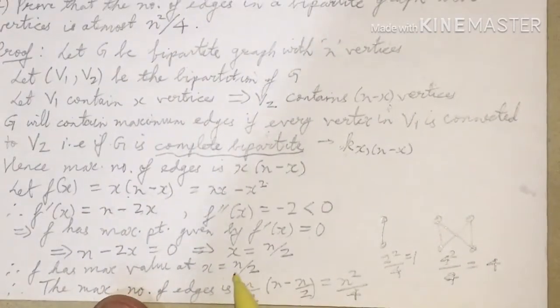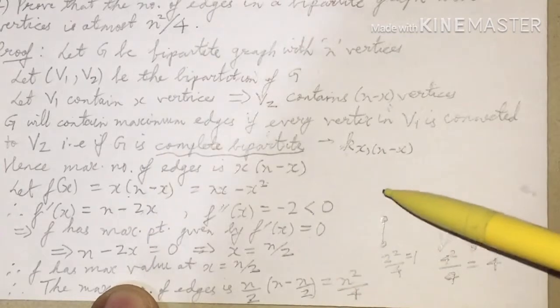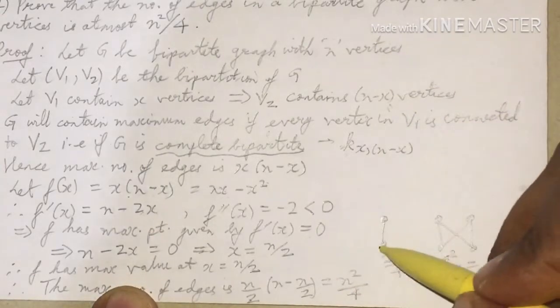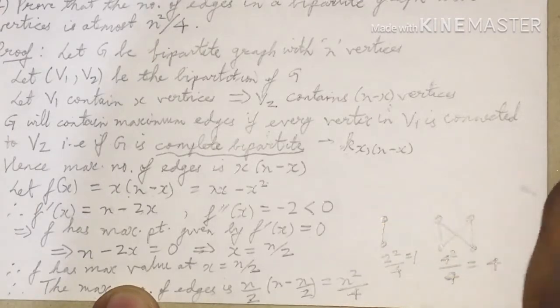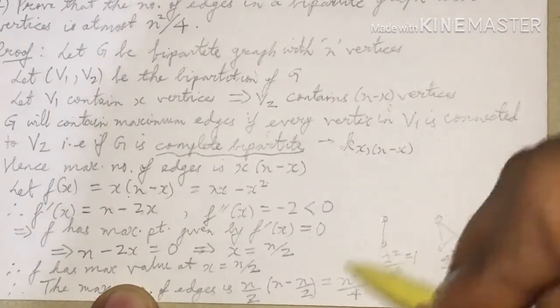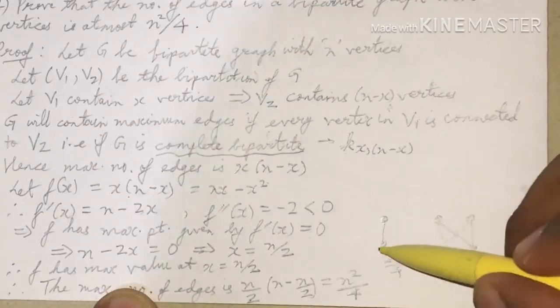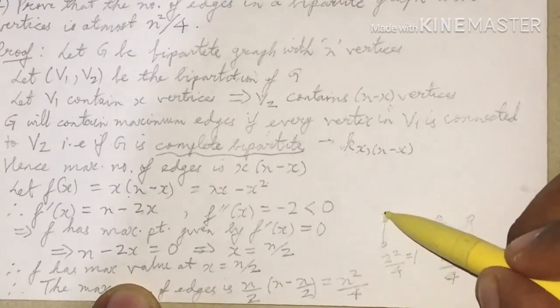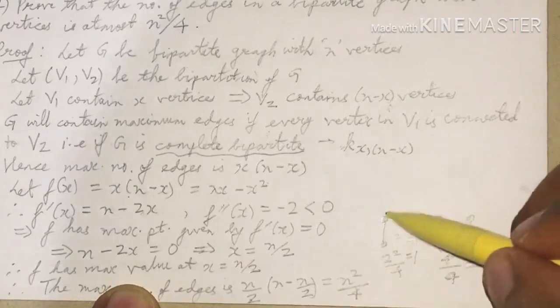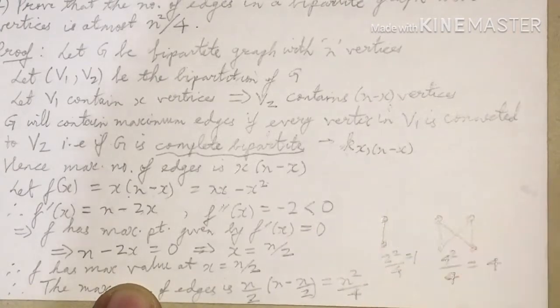So basically what this means is, if we have n vertices, we split the vertices exactly into half. So half the vertices in the top set in one partition and half the vertices in the second partition. So these are examples. Total are two vertices, partition being 1 and 1.